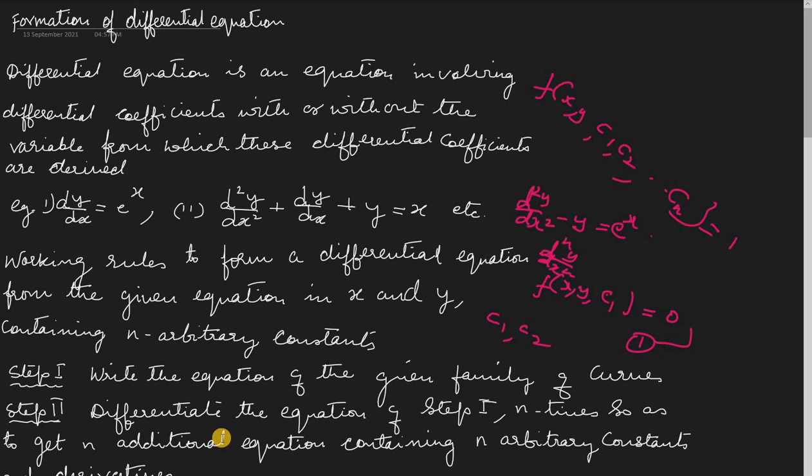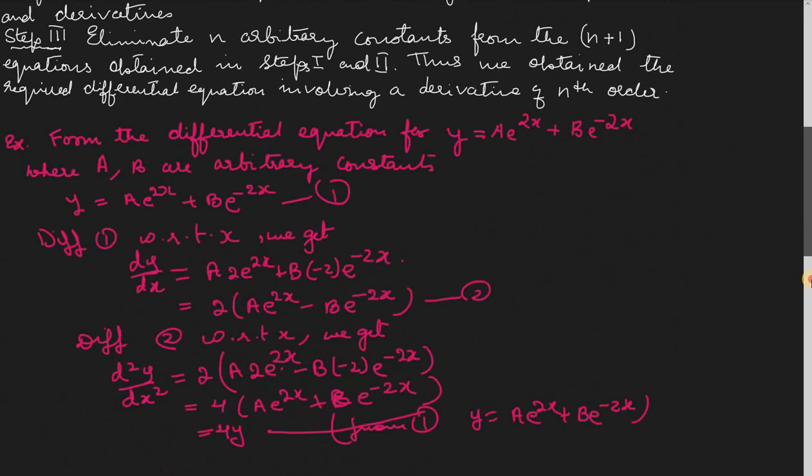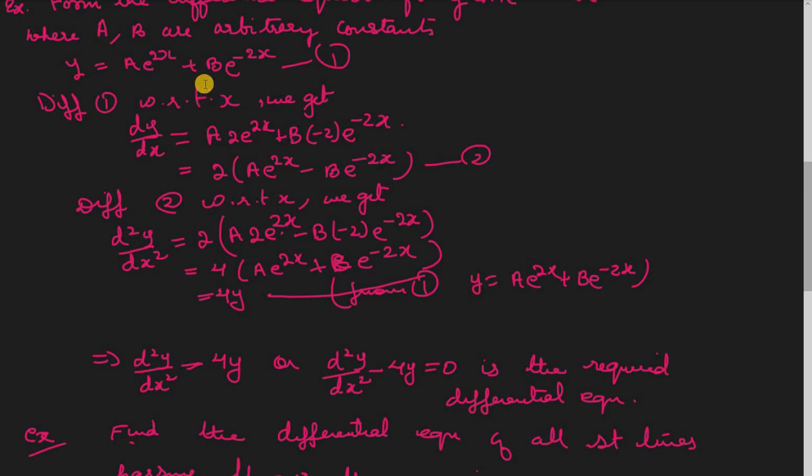After eliminating those n constant terms, the equation you obtain will be the required differential equation. So it depends on the number of constant terms. As you have seen in the example, if it involves 2 constant terms, you have to differentiate it 2 times to eliminate a and b.